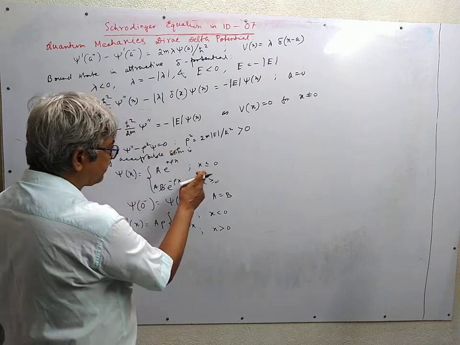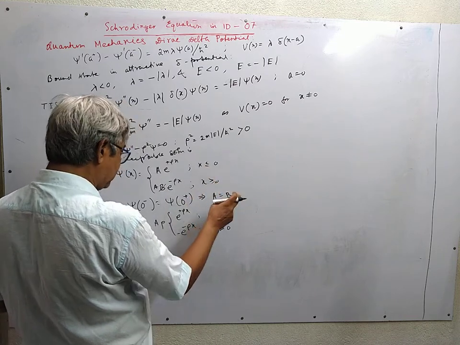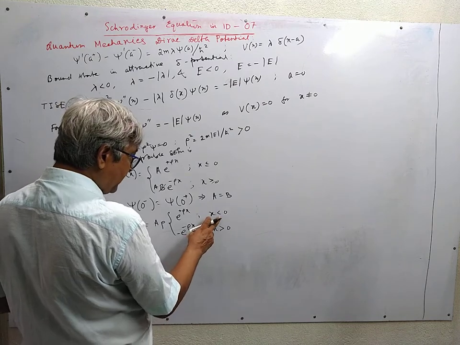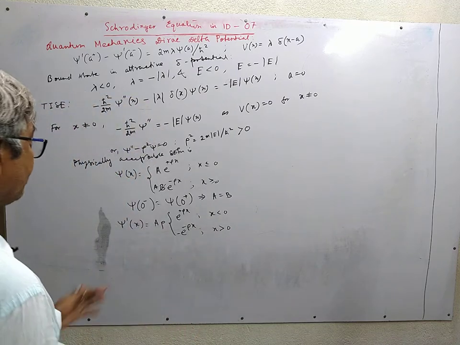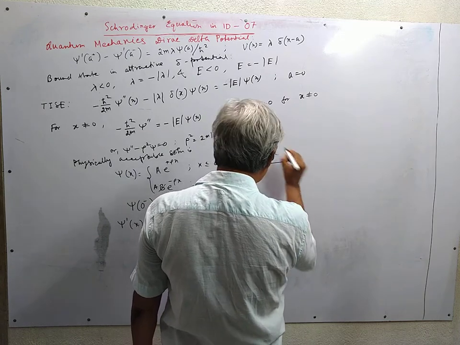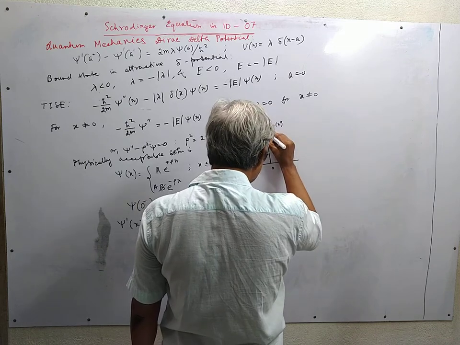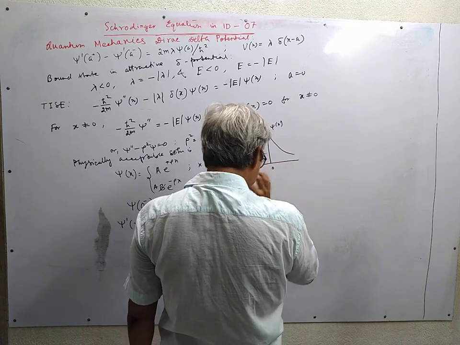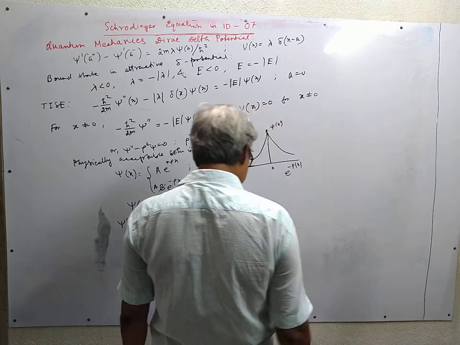You note that here we have put the equal to sign, less than or equal to or greater than or equal to, as the wave function has to be continuous. The first derivative is not at all continuous, so we have written the greater than or less than sign, not the equal to sign. If we plot the wave function, the plot is like this. That is, the wave function in both the regions can be written as e to the power minus rho mod x.